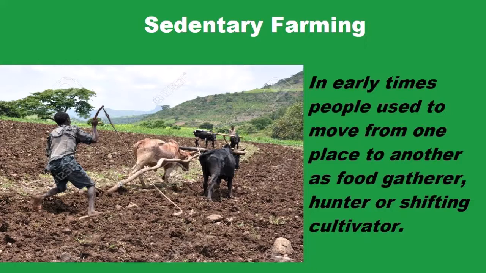He also developed simple tools for cultivation and started rearing cattle. He also developed some cottage industries based on local raw materials, and these activities supplemented his income as a settled farmer.